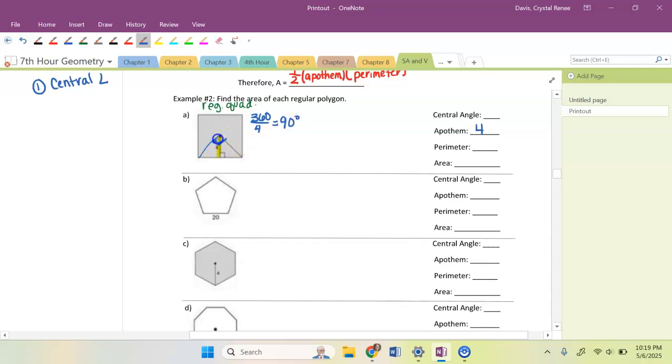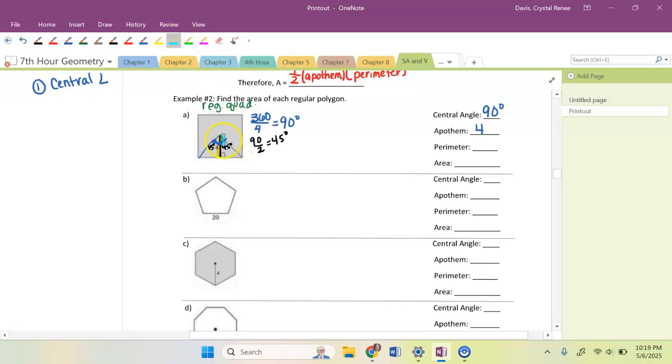So I'm going to put 90 over here. Now that's the whole thing, but remember, when we draw this apothem, we split that 90-degree angle in half. So 90 divided by 2 is 45 degrees. That means this is 45 degrees and this is 45 degrees.